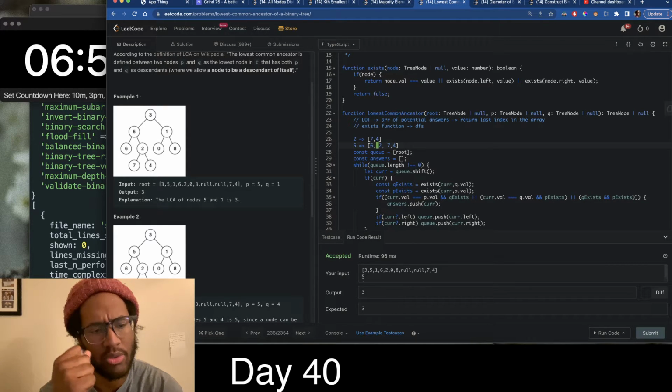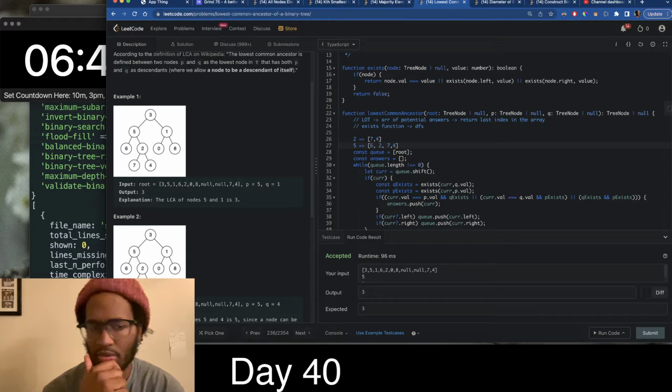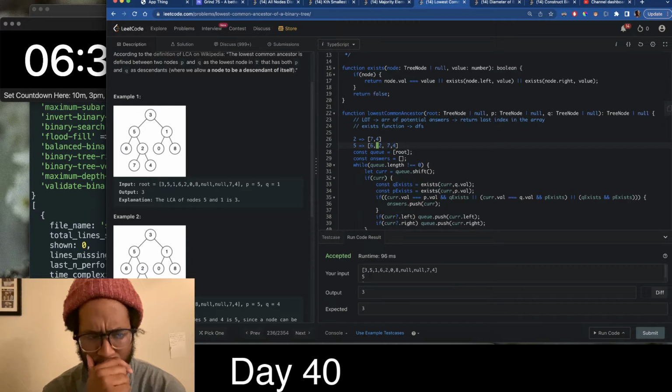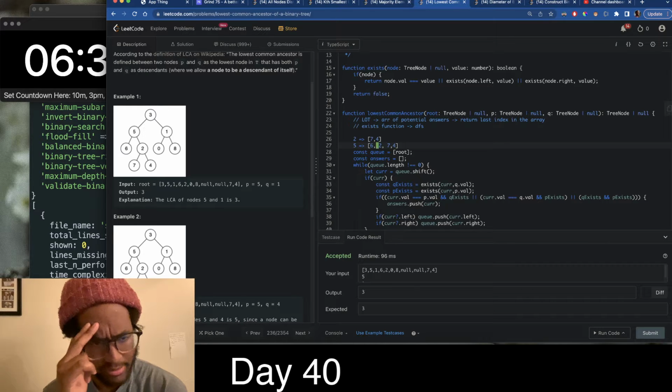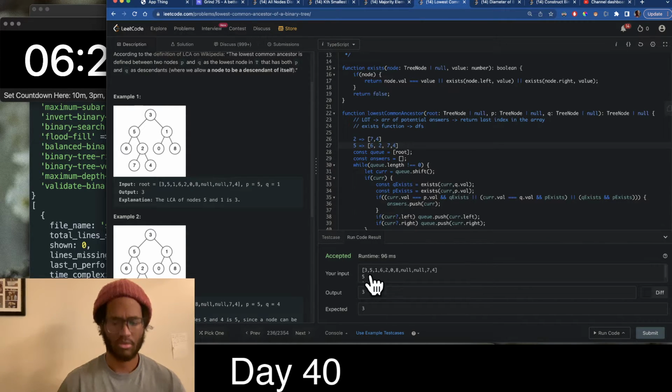If we're doing level order traversal, maybe we can speed it up, since if we're going downwards through the tree, and let's just say we're looking for the nodes such that P and Q are subchildren or descendants of that node.